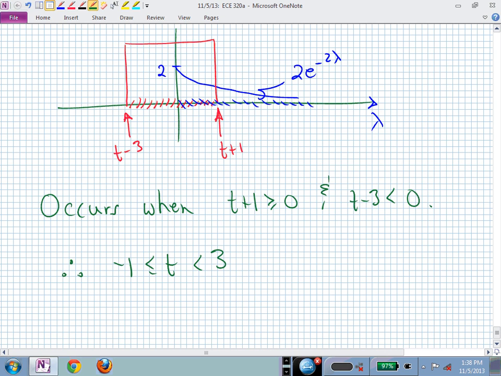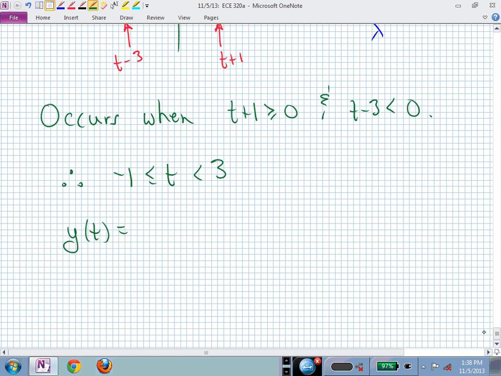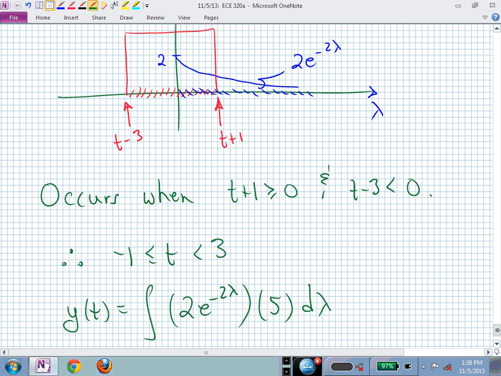But what's my result? y of t is now going to be an integral of h of lambda, which was 2e to the minus 2 lambda, times x of t minus lambda, d lambda. But what limits of integration do I put on the integral?